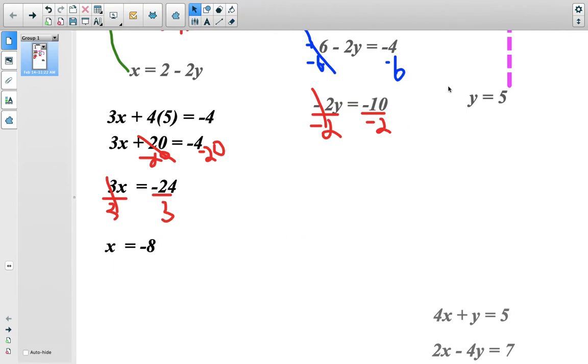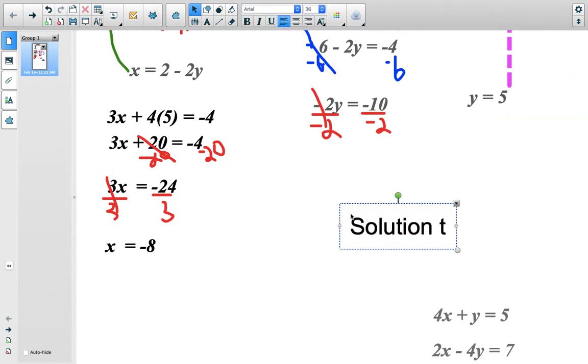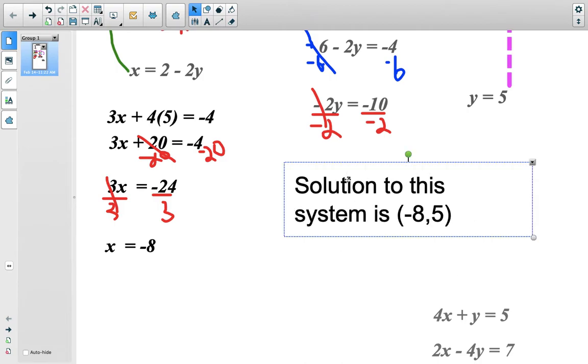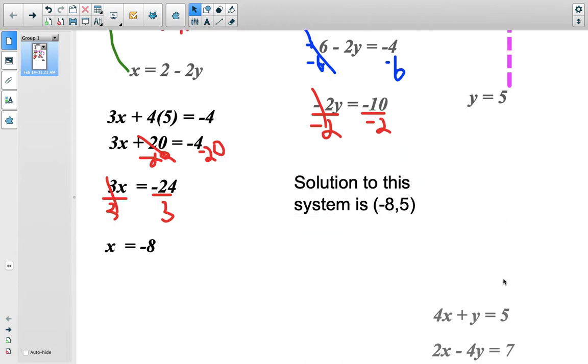So my solution, that's my x, that's my y. The solution to this system is my x is -8, my y value is 5. And that is all.